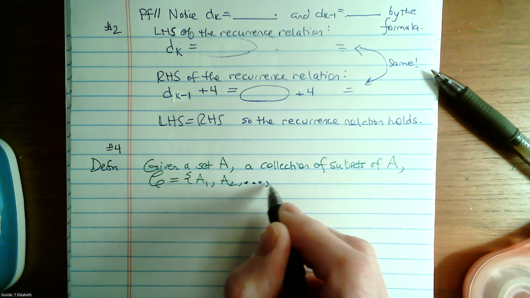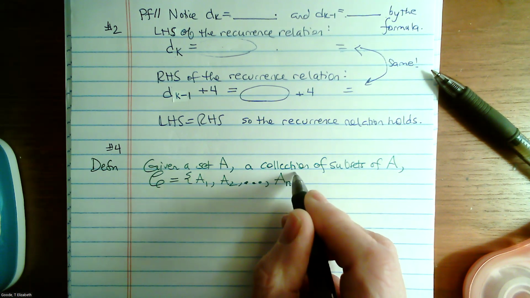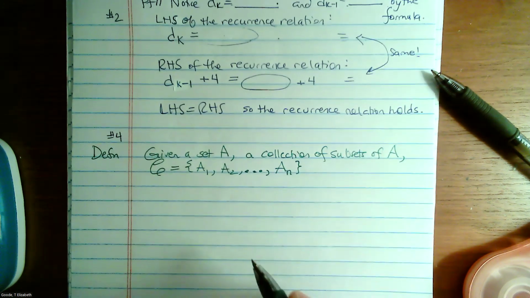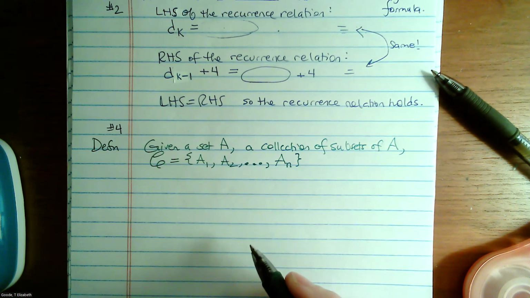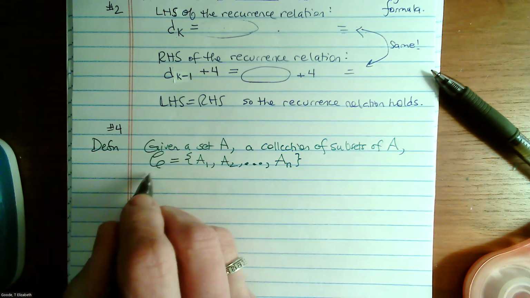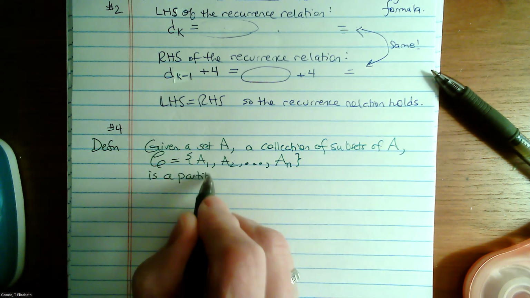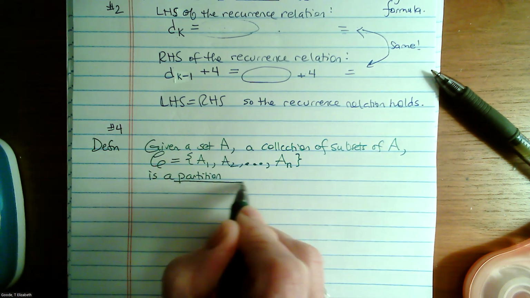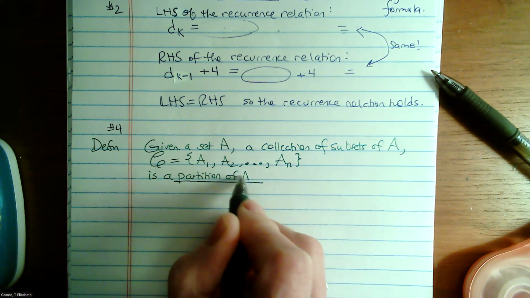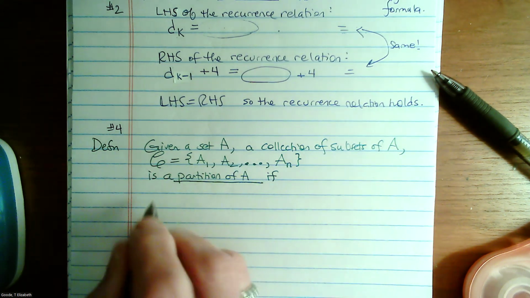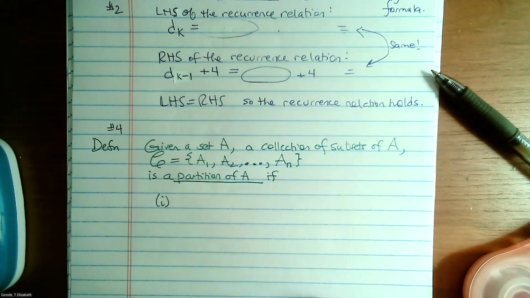No, no, it can be A sub n, actually. I'm also looking at the notes. It is a partition of A if three things happen. What's the first thing that your notes say?